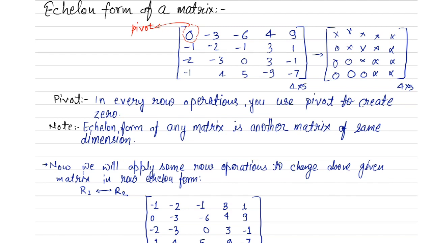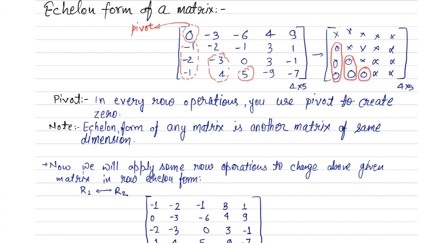In row operations we have to create zeros at some points, and in this case we have to create 0 at these 3 points, these 2 points, and this point. I have also mentioned it here. We have to create 0 here, here, and here.